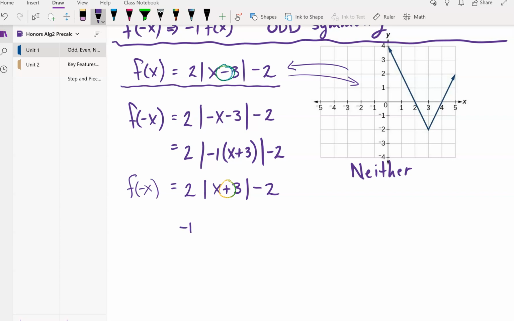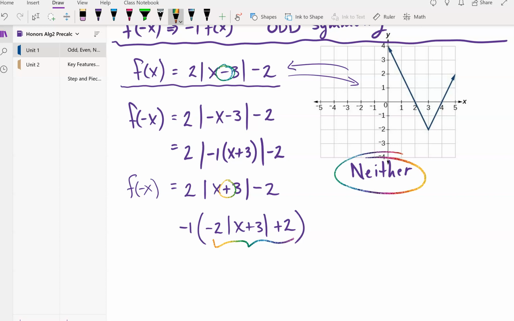I'd have to factor it out of both of these pieces. So that'd leave me with a -2 times the absolute value of x plus 3, plus 2. And that does not look like my original either, right? That's not the original. So we're stuck, which means it's not odd, it's not even, it's going to be neither.